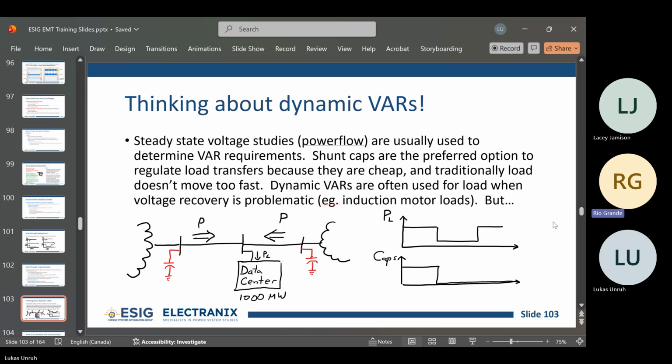But the capacitor banks have a time constant before they can come back in typically. So there might be a time where the load comes back in and the caps are still out, and then your overvoltage problem might have turned into an undervoltage problem pretty quickly. So that's something to just be aware of in terms of the dynamic VARs.